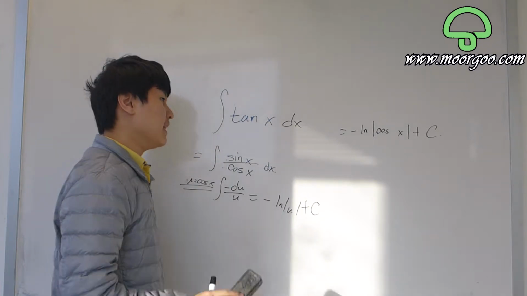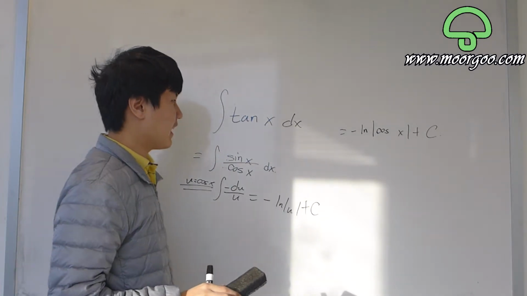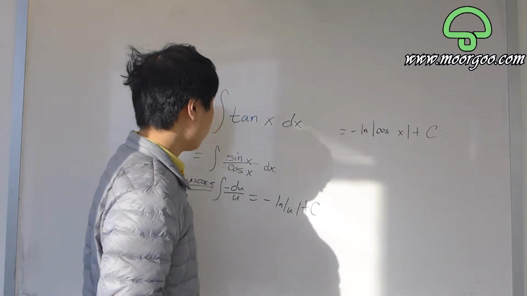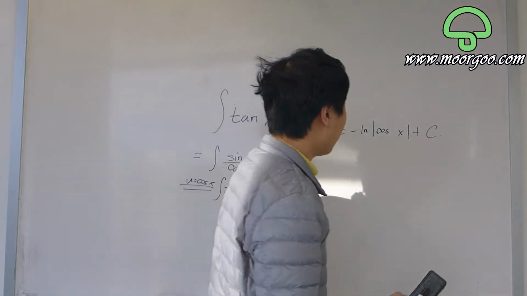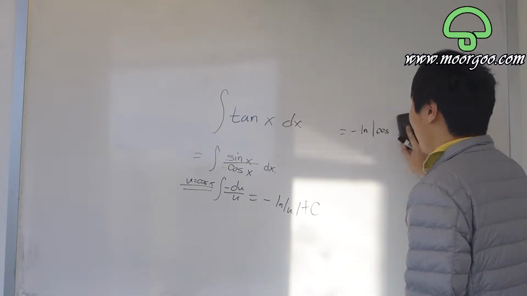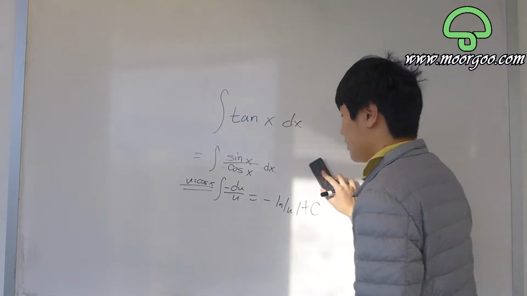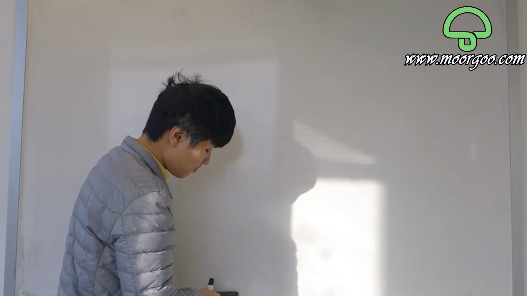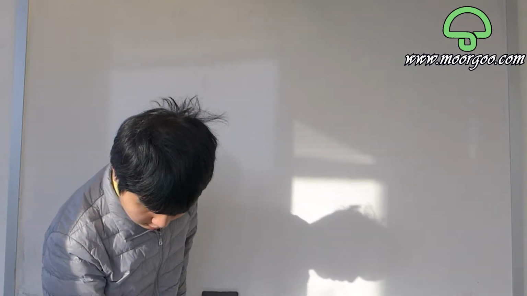When you do indefinite integrals, you should never forget the constant, because if you don't include the constant, you might lose some points, and you don't want this to happen. Okay, great. Let's move on to the next part.